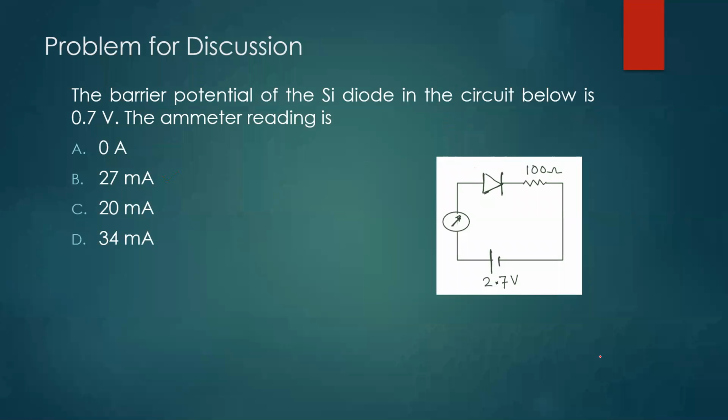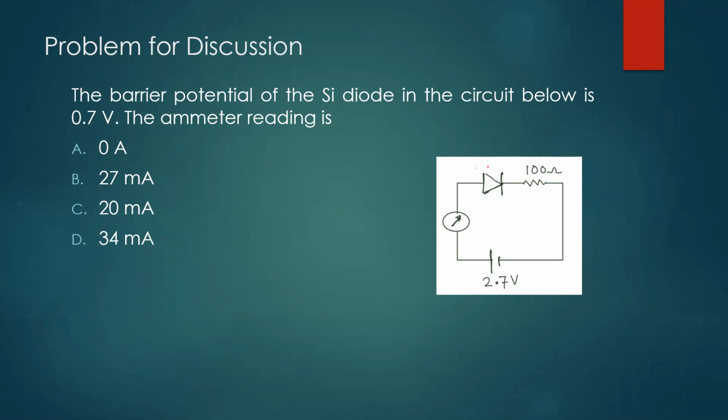Okay, so try this. Very good. So that is correct. Now that they have mentioned the potential barrier, if they mention that the diode is not ideal, if that word ideal is not there, you should consider 0.7 volts.